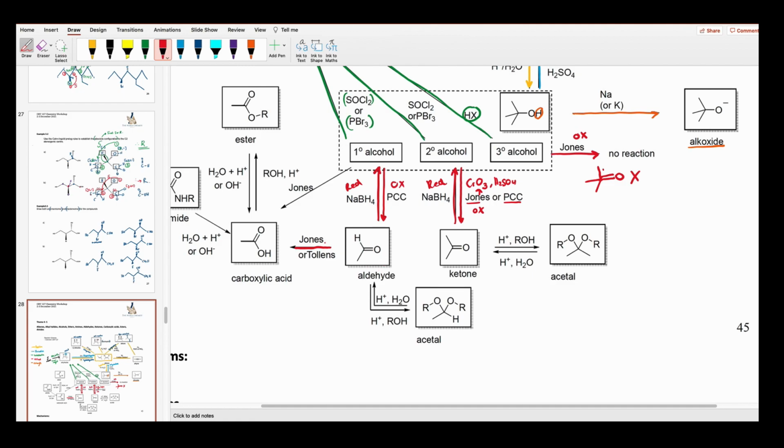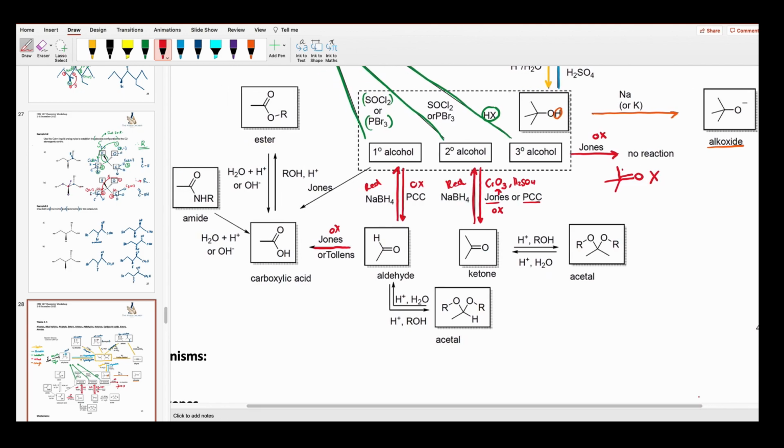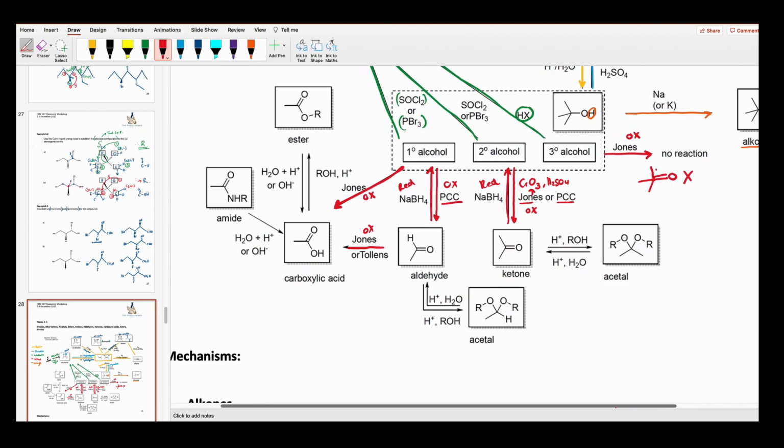We can oxidize this aldehyde into a carboxylic acid. And we can also oxidize our primary alcohol to a carboxylic acid. Jones reagent is a stronger oxidizing agent, so it will directly take your primary alcohol to a carboxylic acid. If you want to get an aldehyde, you need to use PCC because it's a milder oxidizing agent.